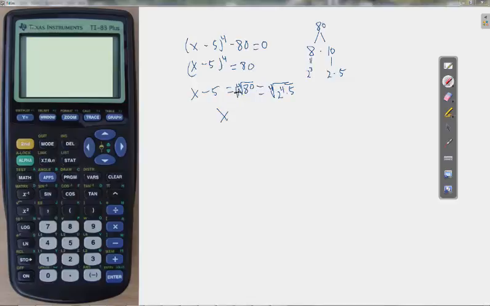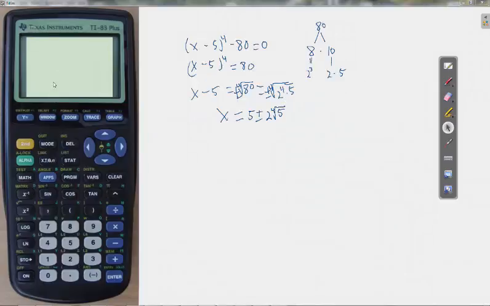I forgot plus or minus because it's an even root. So x equals plus or minus, or gotta move that 5 over. 5 plus or minus 2 fourth root of 5. Alright, that's an irrational number because it has an irreducible root in it.